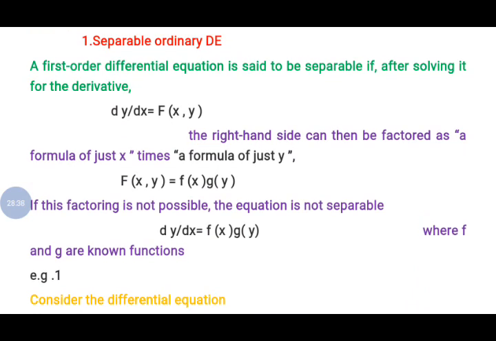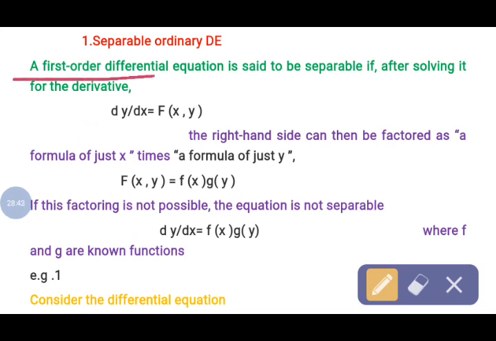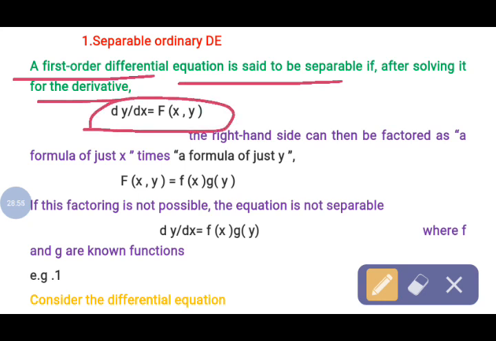Separable ordinary differential equations. A first order differential equation is said to be separable if after solving it for the derivative, dy divided by dx equal to f of x comma y, the right hand side can then be factorized as a formula of just x times a formula of just y: f of x comma y equal to f of x times g of y.